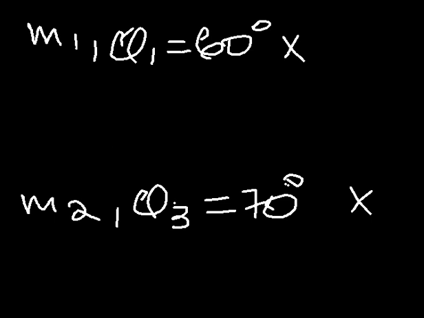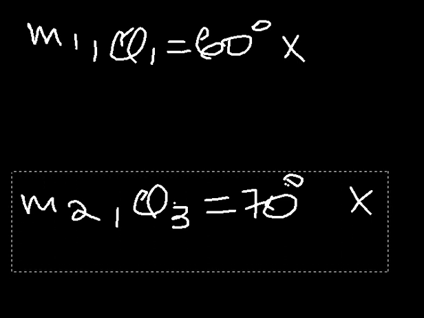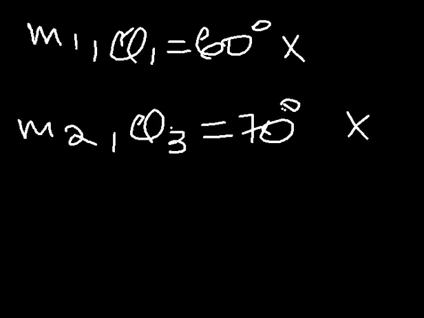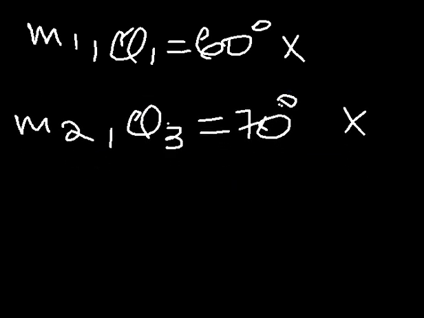Now it should be this. The object of mass 1 is moving at angle theta 1 at 60 degrees with respect to x. And for this case, object 2 is also moving at an angle, I should call it theta 2, let's say theta 2, that is 70 degrees with respect to the x-axis.